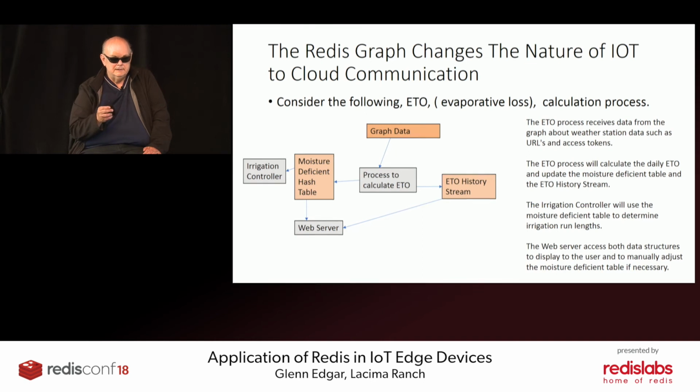It has to be sent to the ETO history stream, and it is sent to a moisture deficit hash table that the irrigation controller uses to control irrigation times. Also, the web server has to access this table, and it has to access the ETO stream.